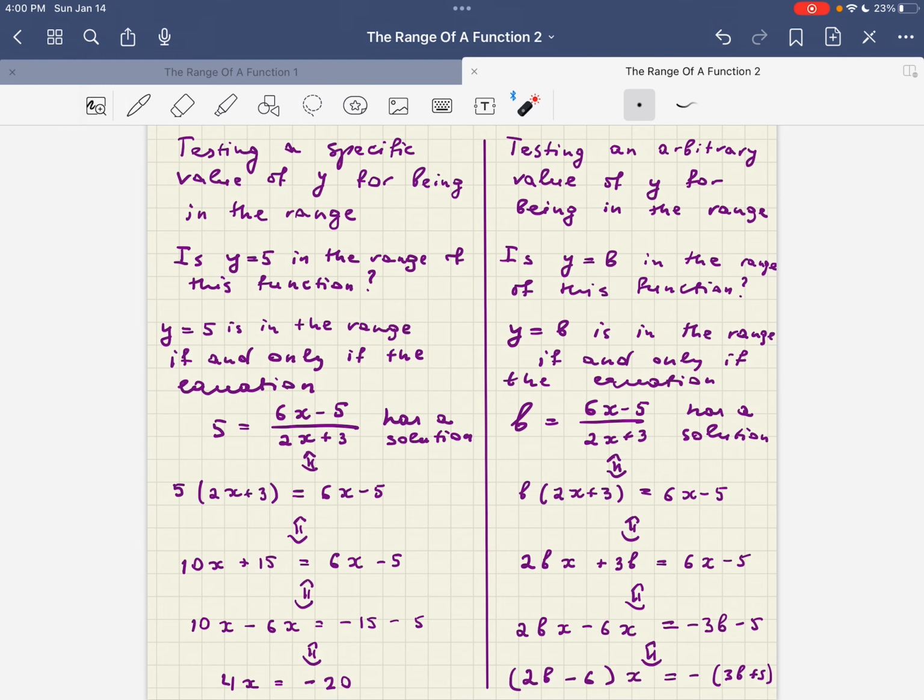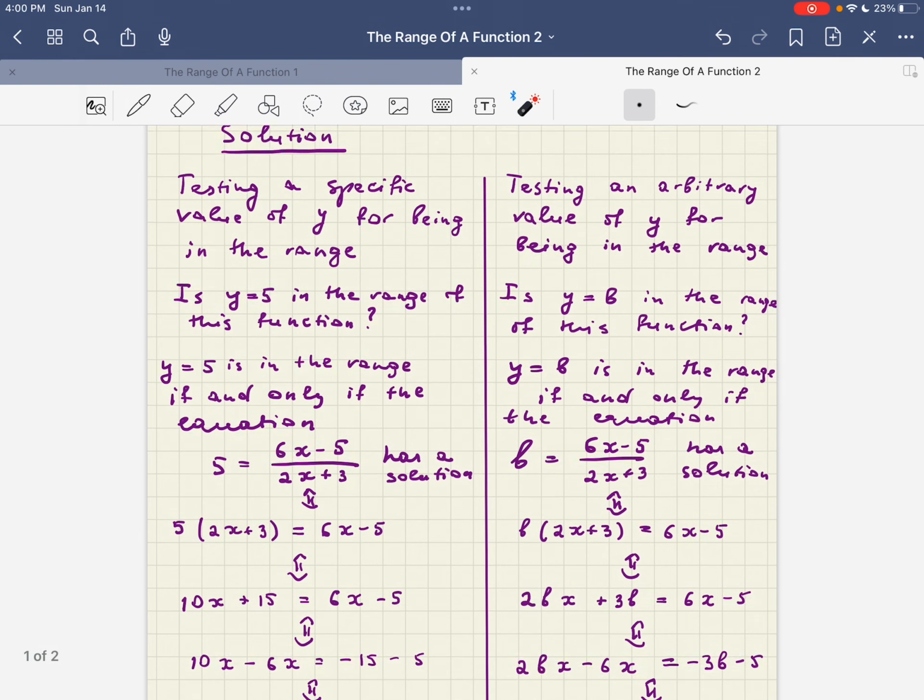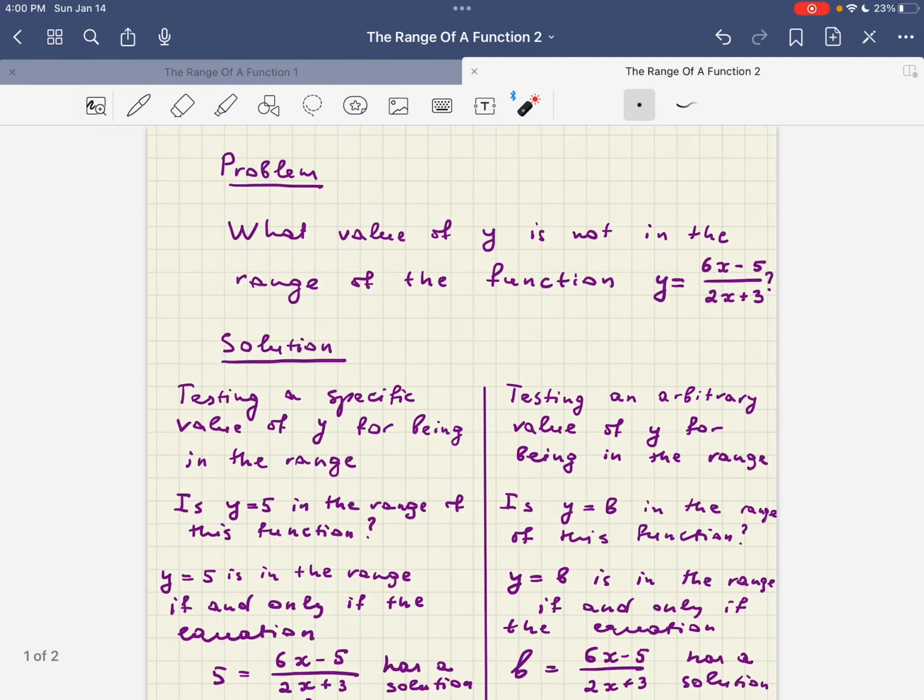So this is all very nice. However, you are probably thinking, we can test in this way a specific value for being in the range of this function, but how can we answer the question that the problem is asking, namely, what value of y is not in the range of this function?